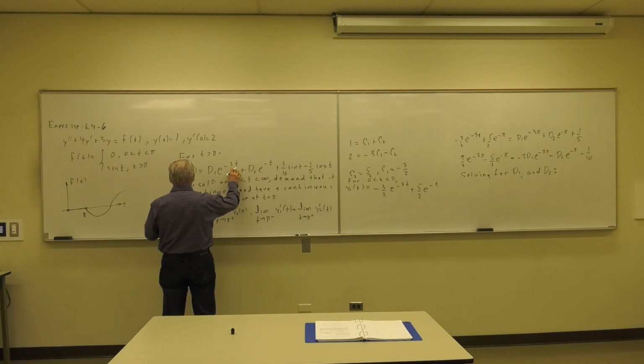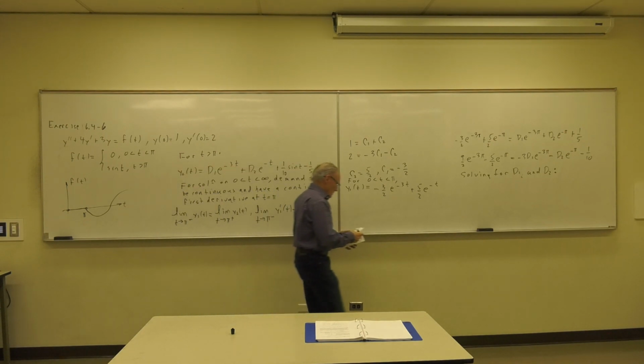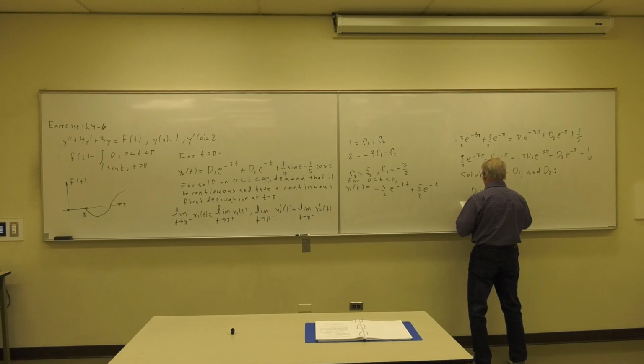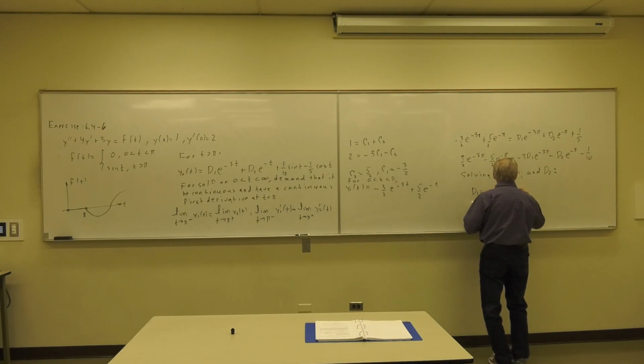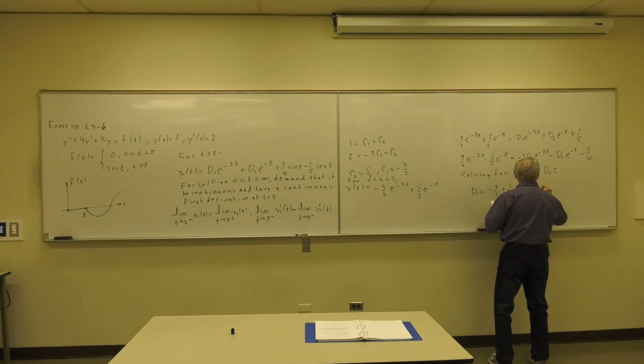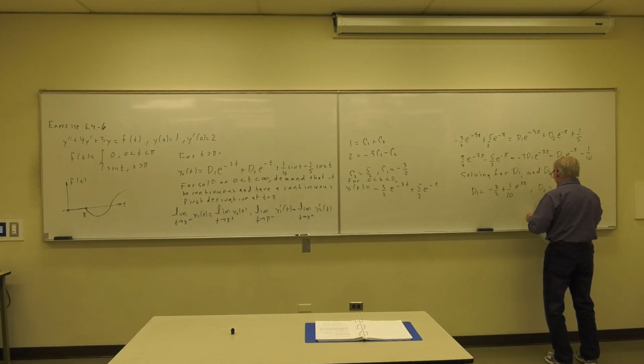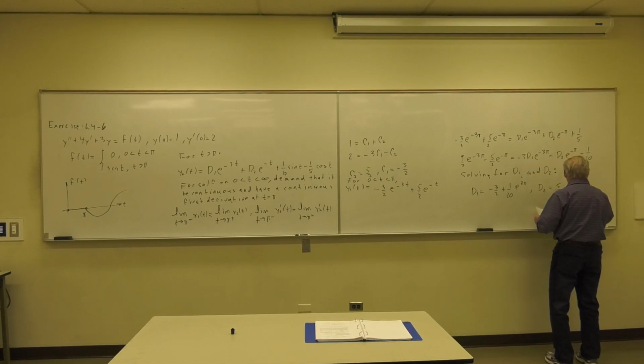So d1 is equal to minus 3 halves plus 1 over 20 e to the 3 pi. d2 is equal to the other one, 5 halves minus 1/4 e to the pi.